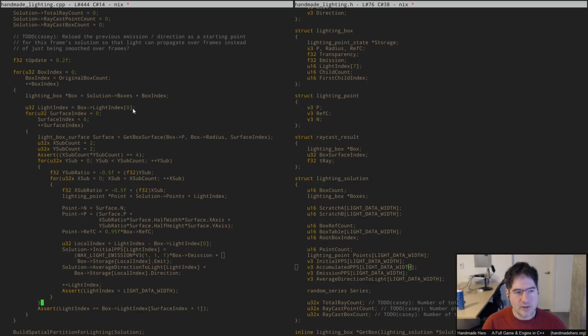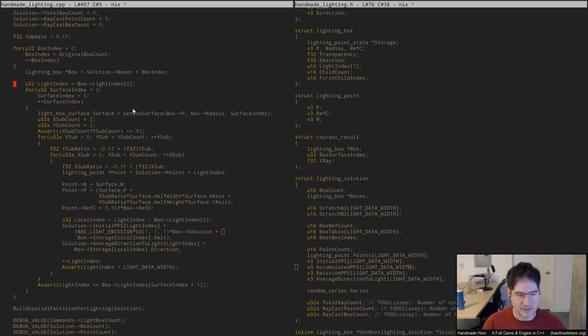And maybe that's too high, but this is a tunable coefficient, we have no idea. Also, we are doing this now, so let's get rid of that comment. So if that's the case, then the direction here wants to be multiplied by that inverse, right? So we want to say 1.0 over the t update is what we want to multiply this direction by, so that it's weighted much more strongly than the average direction to light that we're taking from everybody else, right?